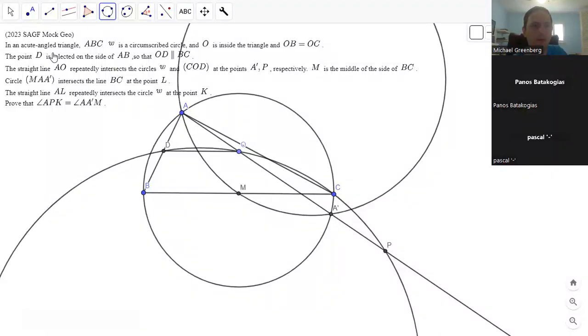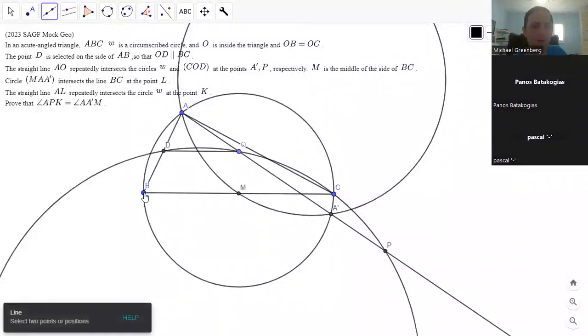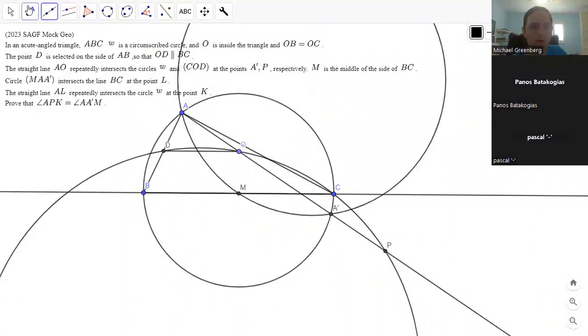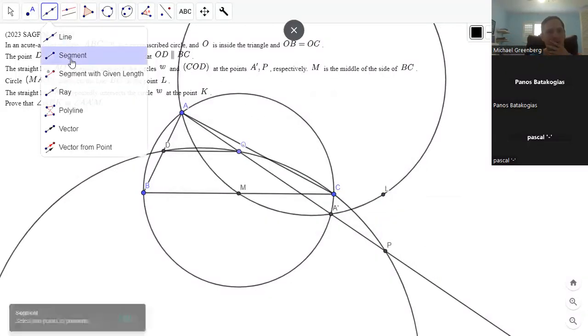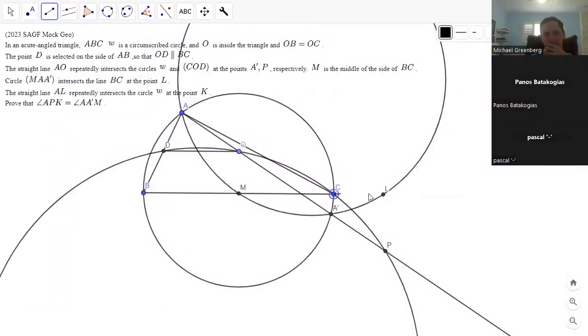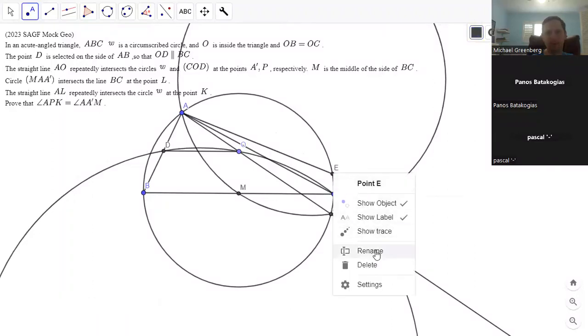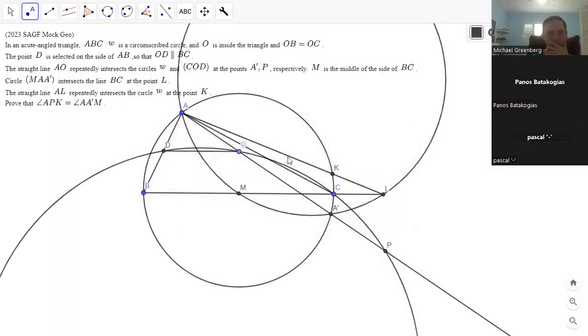And it intersects BC at L. AL intersects omega at K. And we want to show that APK is A prime M.